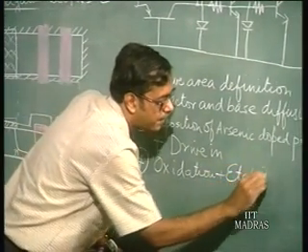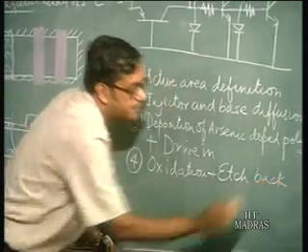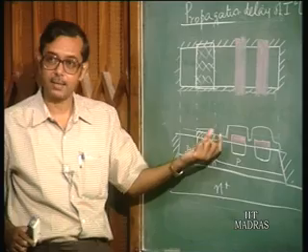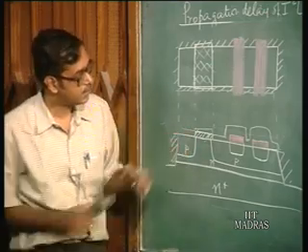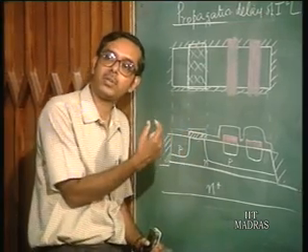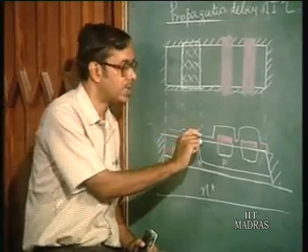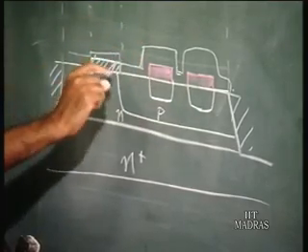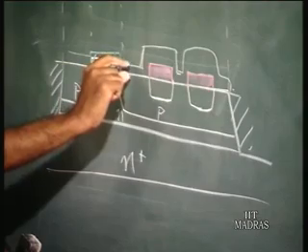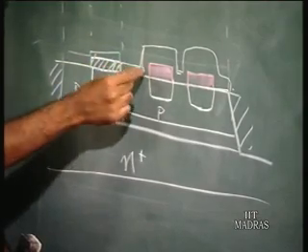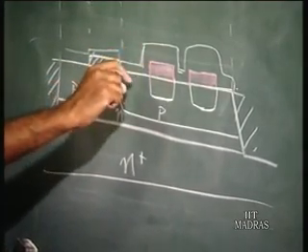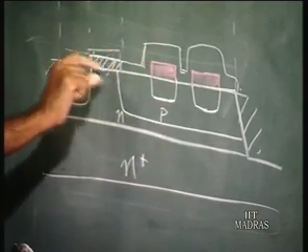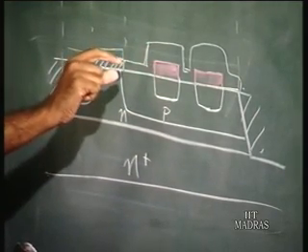Then what is the advantage of this? You are doing oxidation and then etching back a part of that oxide, and you control the amount which you are etching back. Since the oxide thickness on polysilicon is more than on the other regions, once you etch back you will be left with some oxide covering the polysilicon, whereas in the other regions you have removed the extra oxide.